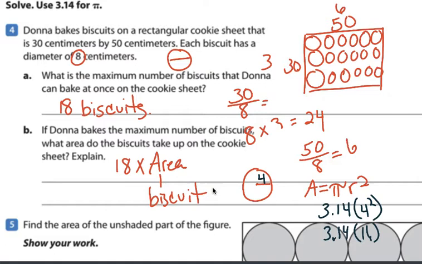So let me open up my calculator on my phone. I'm going to go 3.14 times 16, and that gave me 50.24 is the area the biscuits would take up. Now that I know what the biscuits take up, then I need to find the amount of the cookie sheet.